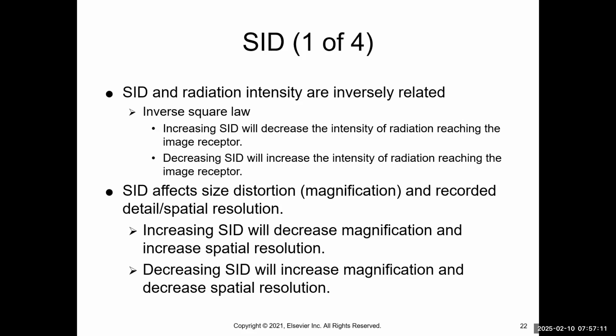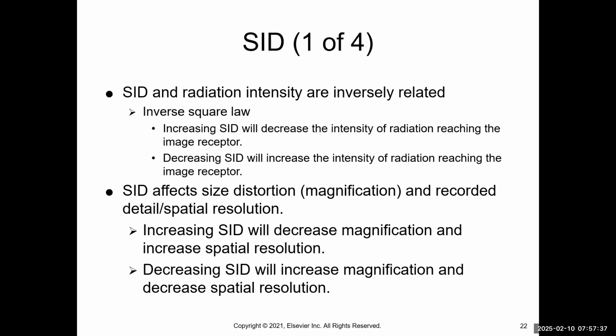SID also affects size distortion or magnification and recorded detail, spatial resolution. Increasing the SID is going to decrease magnification, but make spatial resolution better. So again, if you start to get all convoluted, think back to why we do a chest x-ray at 72 inches.